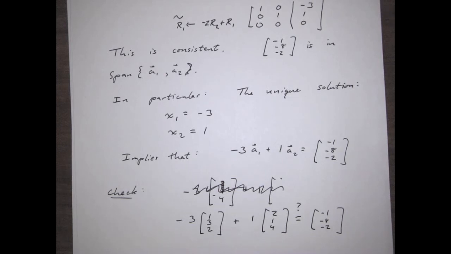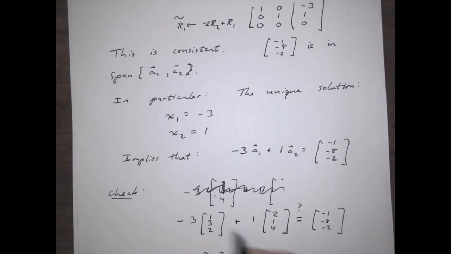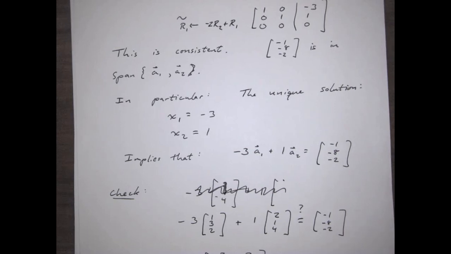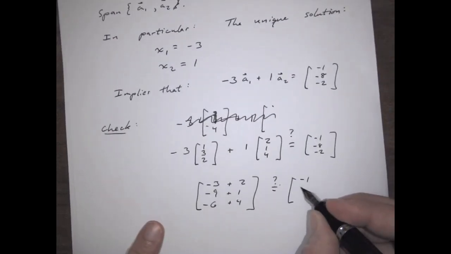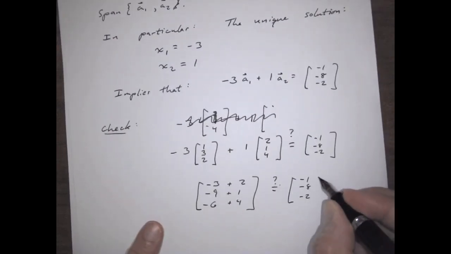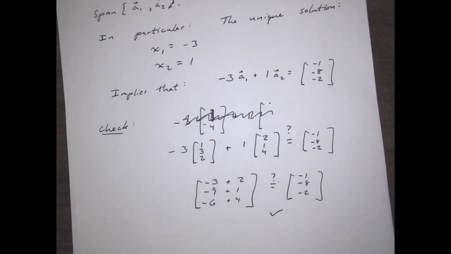Oh, sorry. Let's just do this nice and easy. So -3 plus 2. -9 plus 1. -6 plus 4. -1, -8, -2. Looks good to me. Looks like it checks.